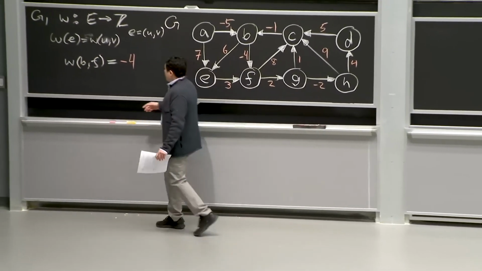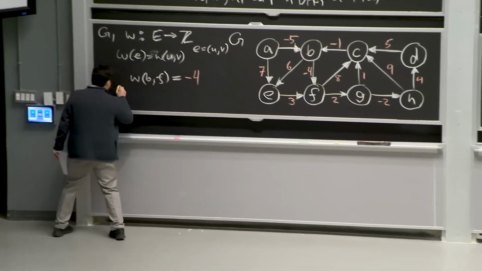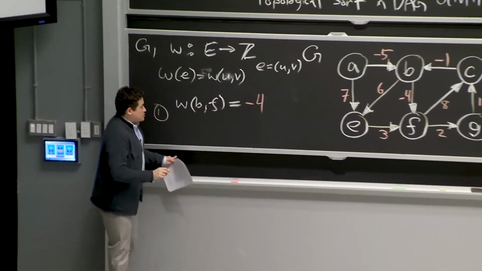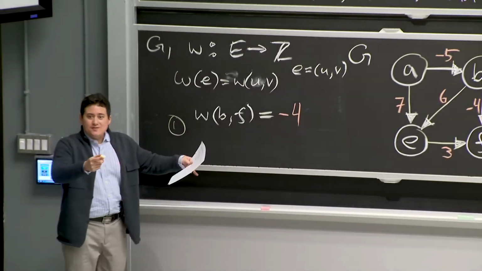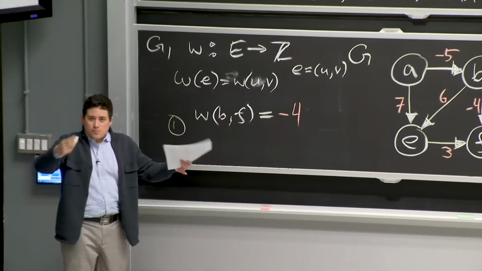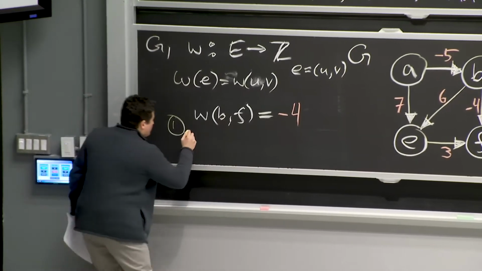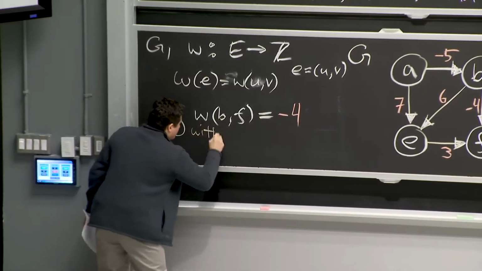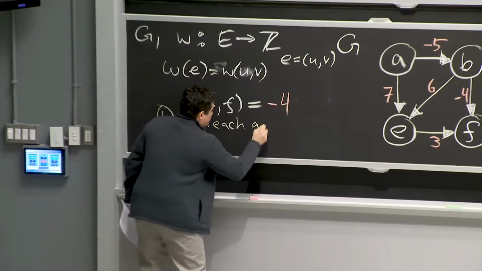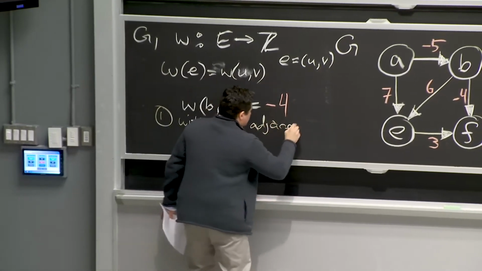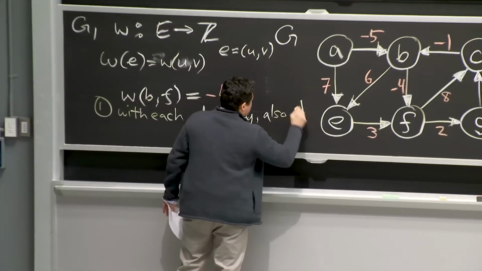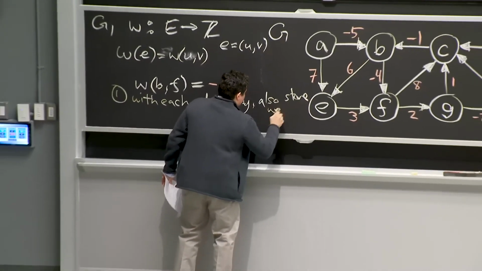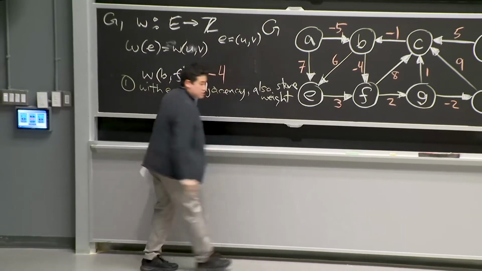So there are two common ways to store these weights. One is, with every adjacency, I'm going to store its weight, maybe just in a tuple: with each adjacency, also store the weight of the edge that it corresponds to.